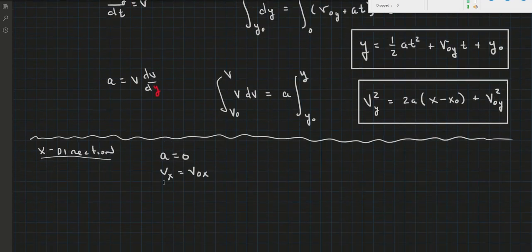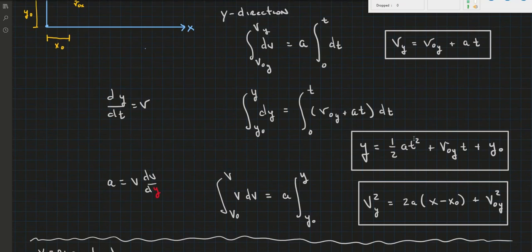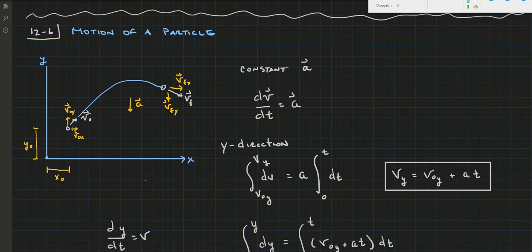But in the case down below, you would use the relationships for x instead of y. And then our position, x equals the velocity in the x direction times time plus x naught. Again, the acceleration term drops out. So you end up with a constant velocity in the x direction and a velocity in the y direction modified by acceleration, which combine to make a final velocity.